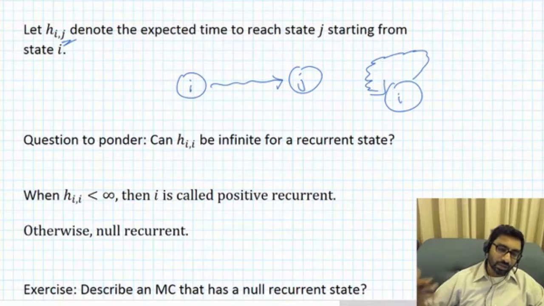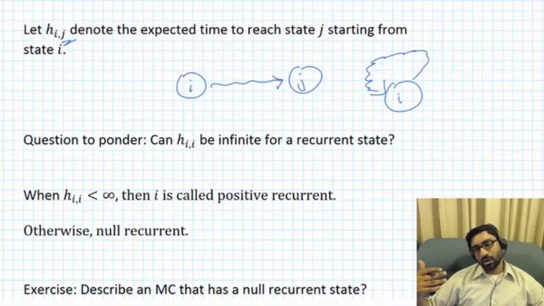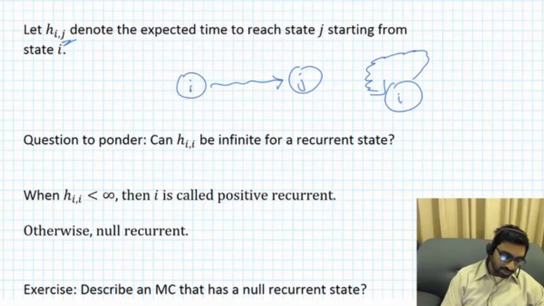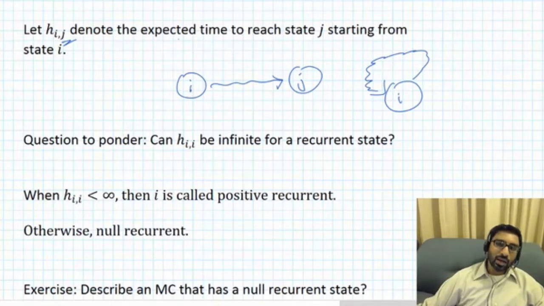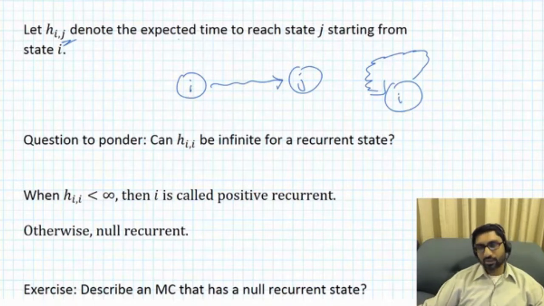Remember, we're talking about recurrent states. How long does it take for you to get back, and what is it on expectation? So that's this h(i,i). Can this h(i,i) be less than infinite? Of course, that's quite possible. In such cases, those recurrent states are called positive recurrent.